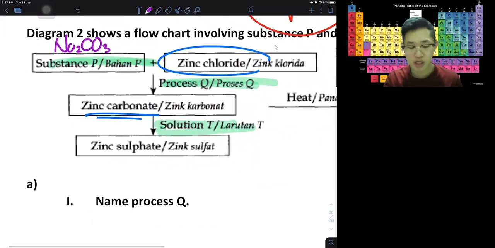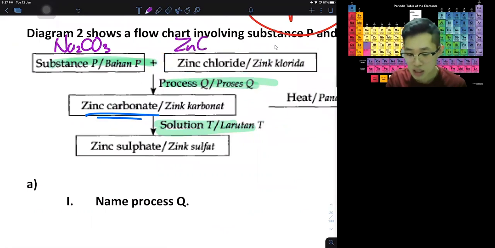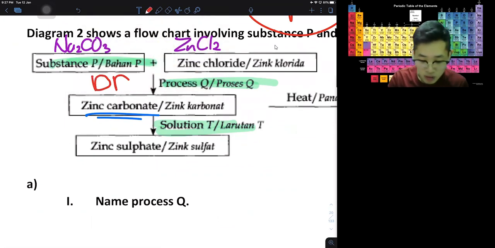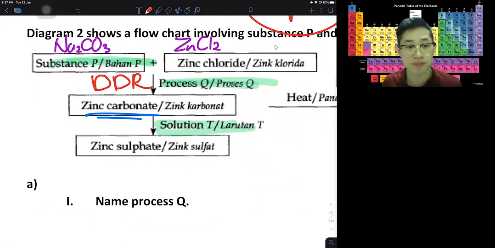You can write the equation out, and then you will see after they exchange their partner, they are going to get this zinc carbonate. What is the name of process Q? What is the reaction that we use to prepare an insoluble salt? We call it double decomposition reaction.